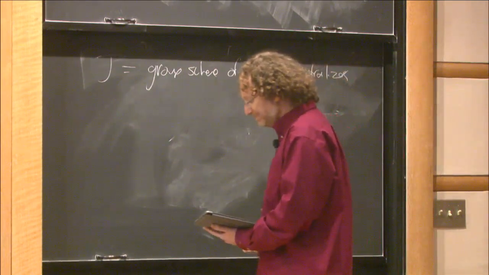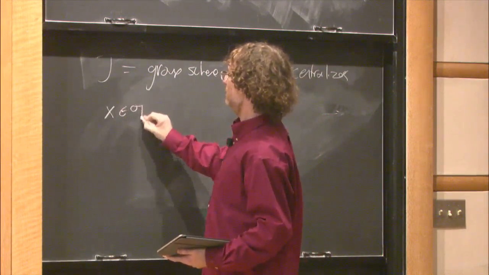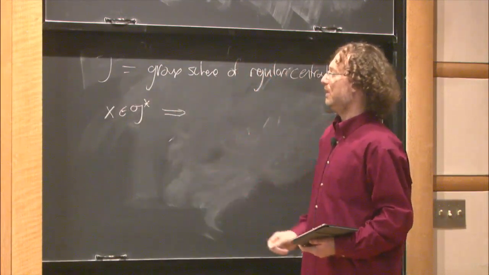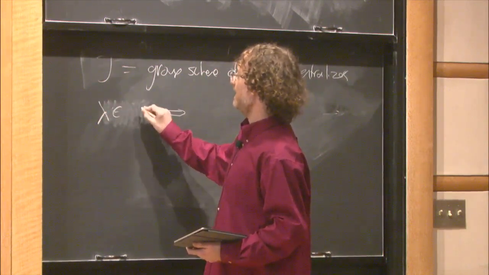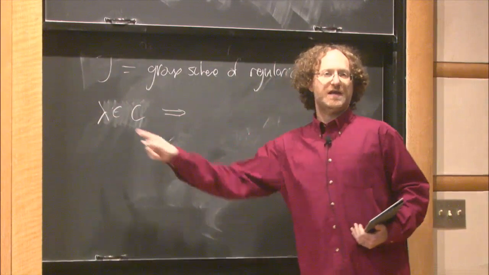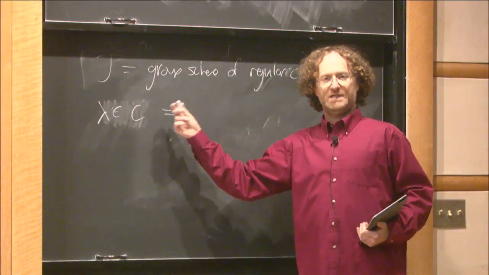Given an element x in G dual, I need to give you a group. Well, sorry, I'm giving you an element lambda in C. I'm giving you a characteristic polynomial. So given a characteristic polynomial of a matrix, I need to give you a commutative group. So what is that group?